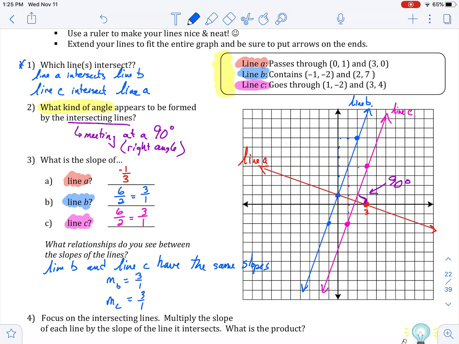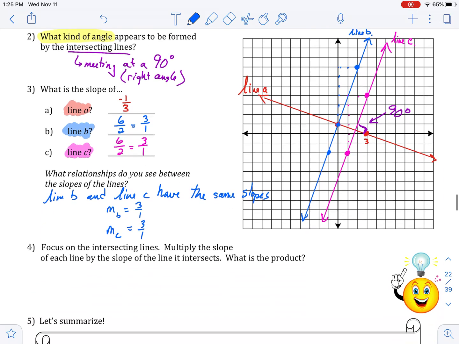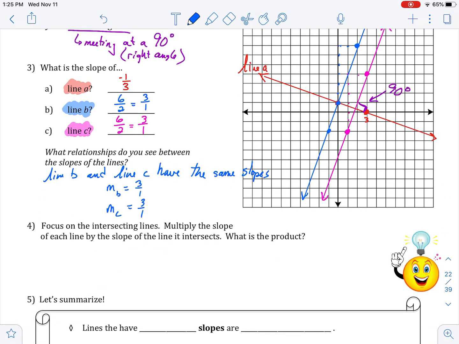There is another relationship that's going to exist, but we're going to use number 4 to help us out on that. It says focus on the intersecting lines. What is going to happen when we multiply the slope of each line by the slope of the other line? And it says what is the product? The product is the result of a multiplication problem.